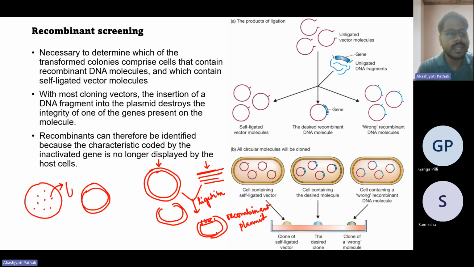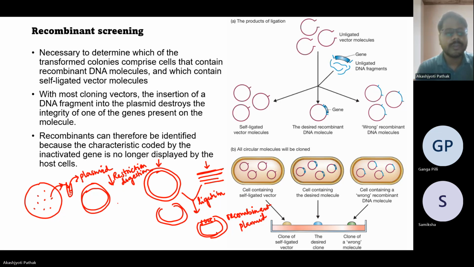You inoculate them in LB media. Once the culture grows, you isolate the plasmid from this culture. Now using this plasmid, you can do a restriction digestion. So what will happen if you do a restriction digestion?